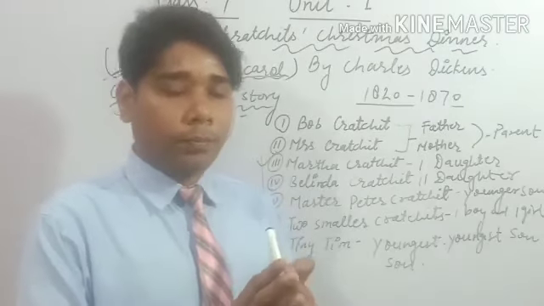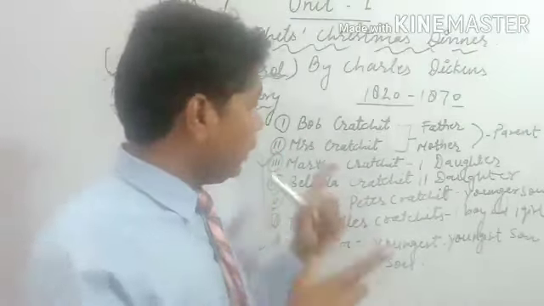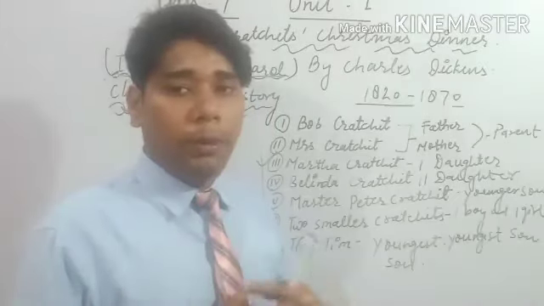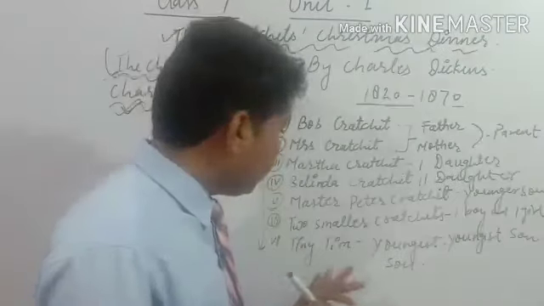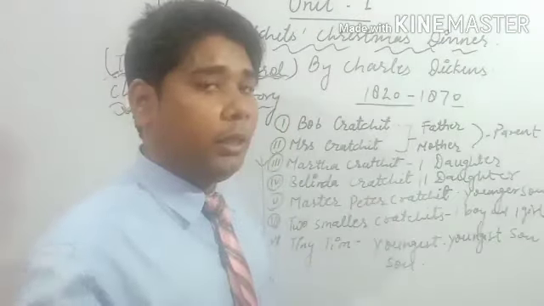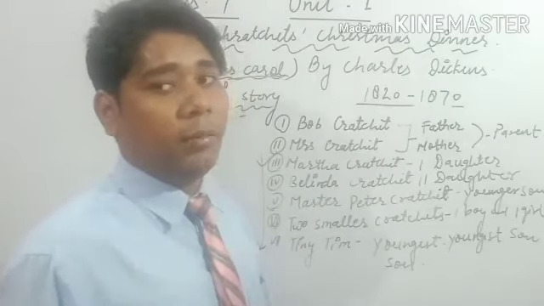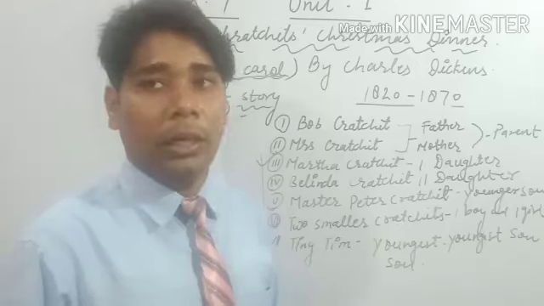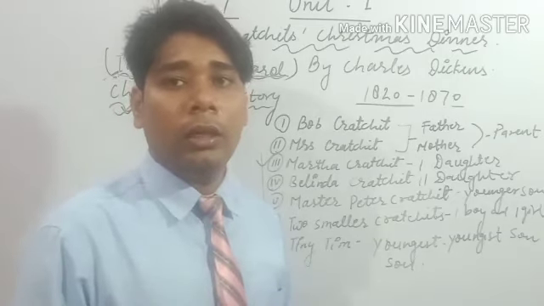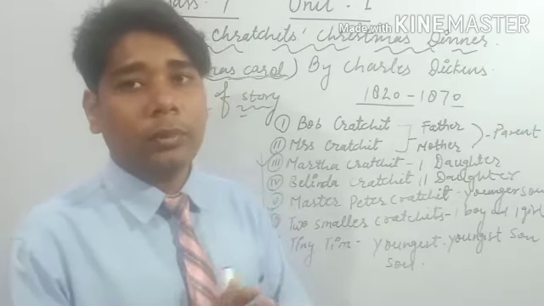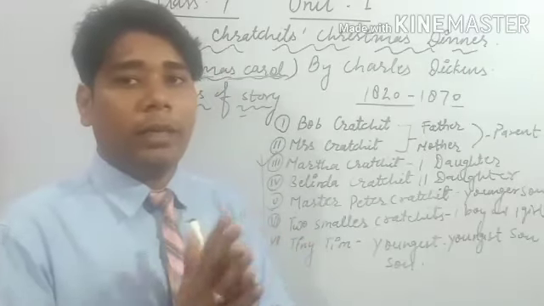After that, Bob Cratchit came, and with Bob Cratchit, Tiny Tim also came. Tiny Tim was the son of Bob Cratchit. He was handicapped. He has an iron rod and comes, and Martha did too. After that, what happened?